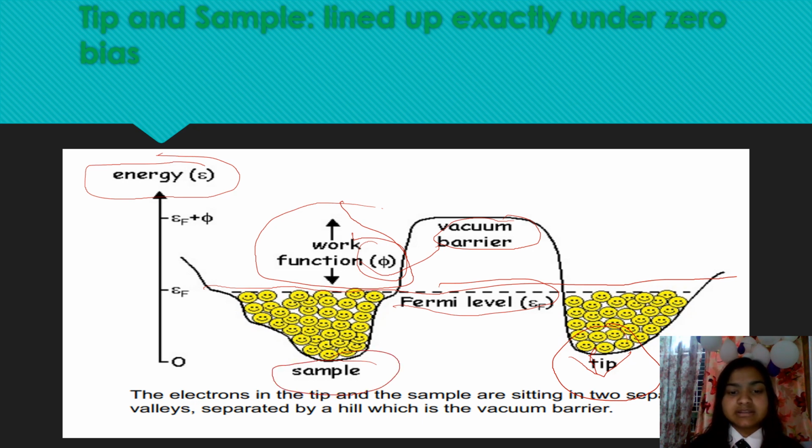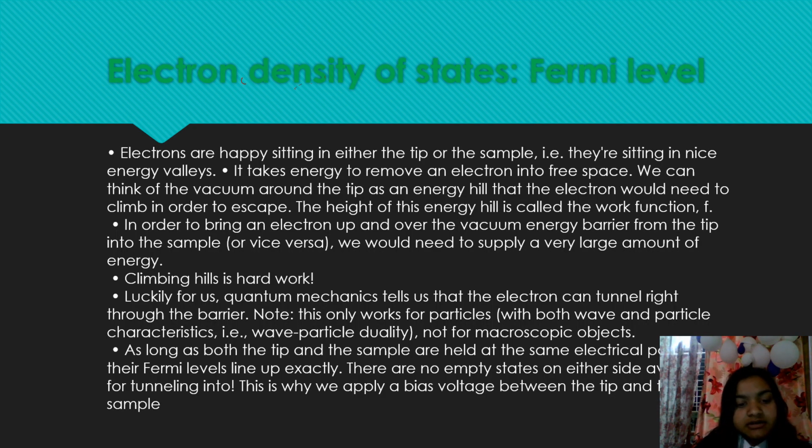The electrons in the tip and the sample are sitting in two separate valleys separated by a hill, which is a vacuum barrier. Their Fermi levels line up exactly, so there are no empty states on either side available for tunneling into. This is why we apply a bias voltage between the tip and the sample.